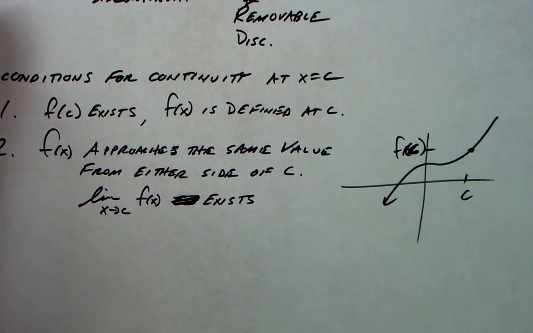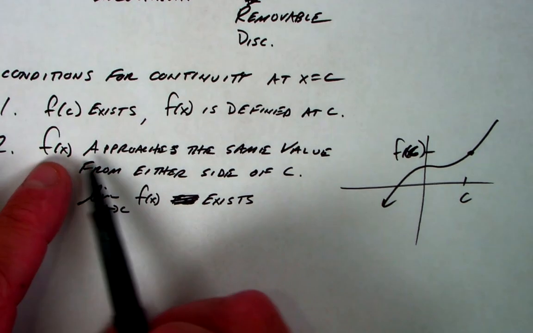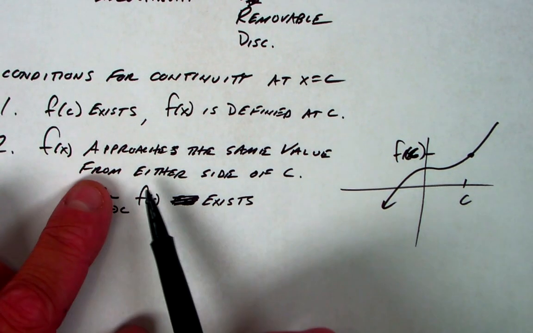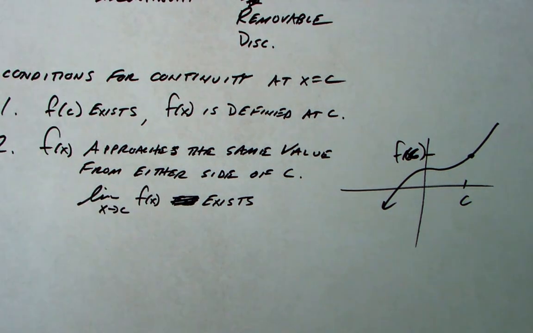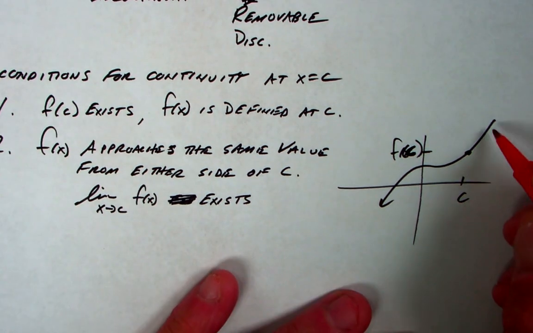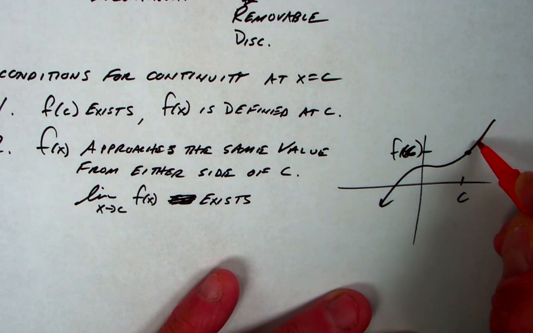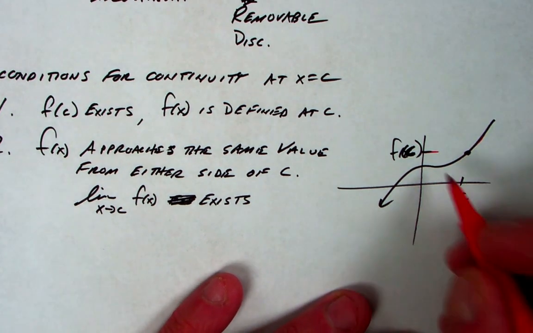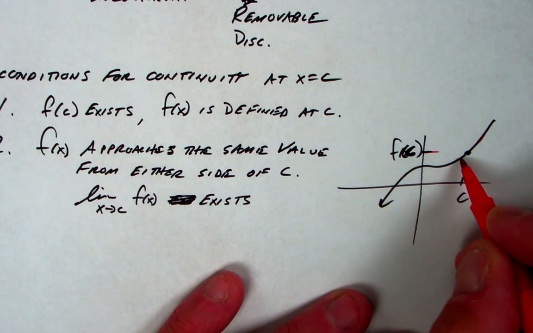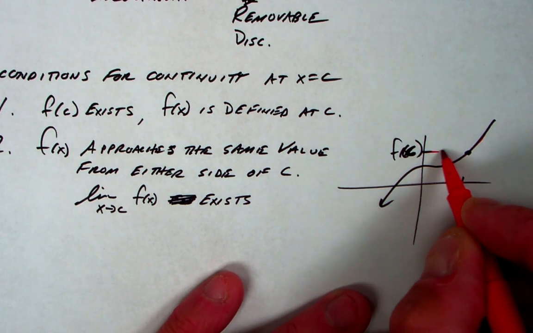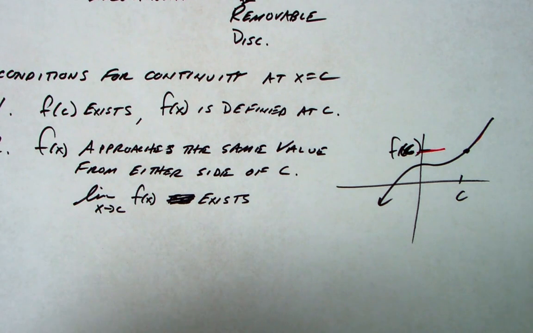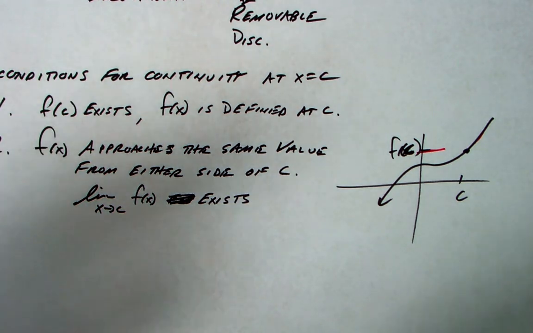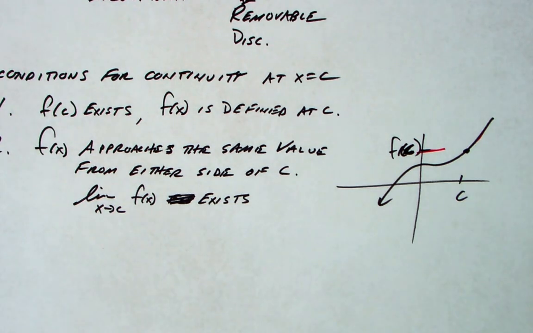Here's what it's saying: f of x approaches the same value from either side of c. If I'm coming from this side, I'm getting closer and closer to that height. As I'm coming from this side, I'm also getting closer and closer to that height, that result. So from the right side or the left side, I'm getting closer and closer to the same value.